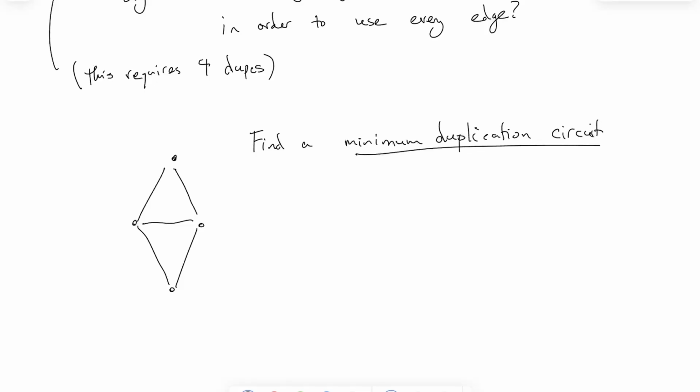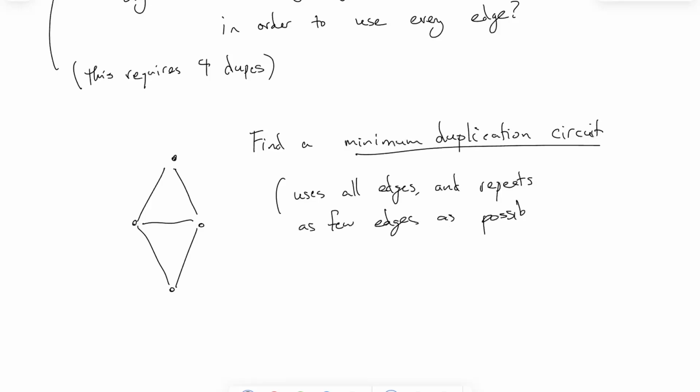So it uses all edges and repeats as few edges as possible. All right, that's what I mean by minimum duplication circuit. You cover all the edges, doing as few duplicated edges as possible.